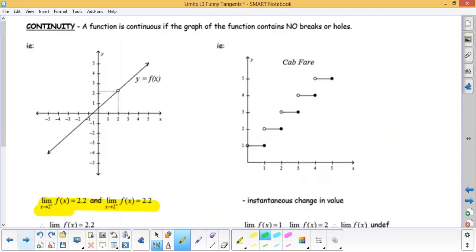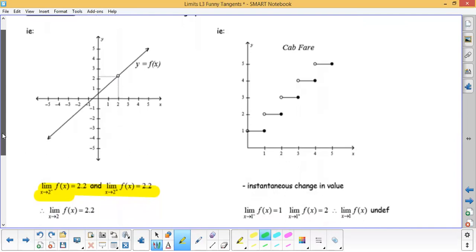But very straightforward. So at this point, we are going to start talking about continuity. A function is continuous if the graph of the function contains no breaks or holes. That is the definition of continuity.